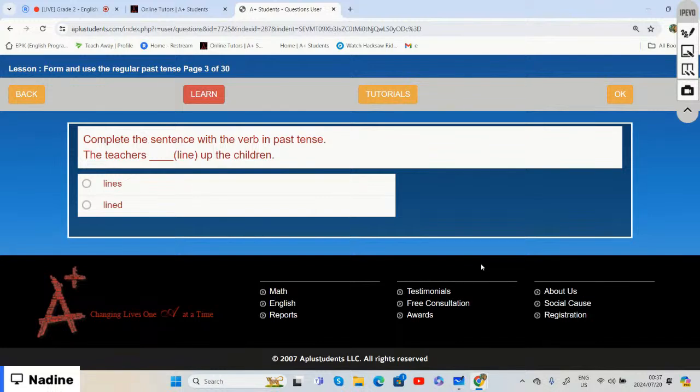All right, so we can say the teachers lined up the children, right? Because we added d to our base word.